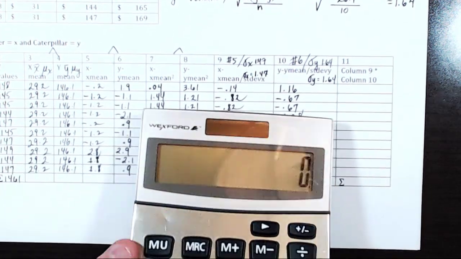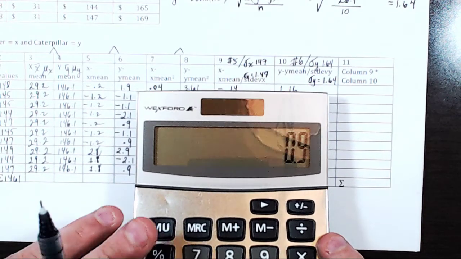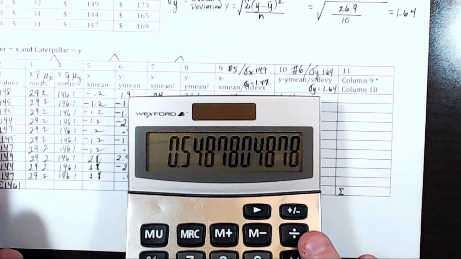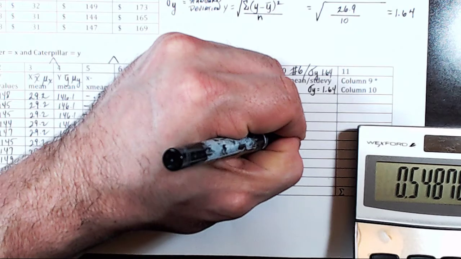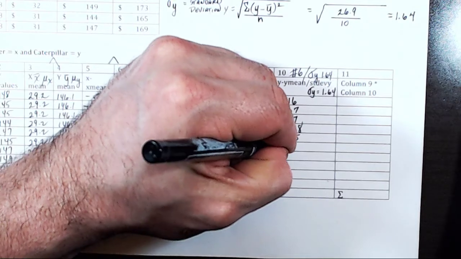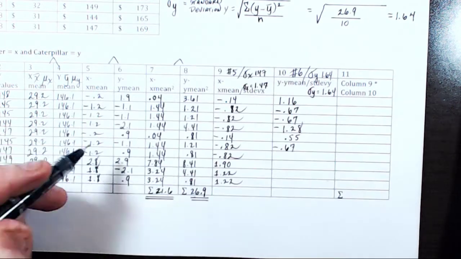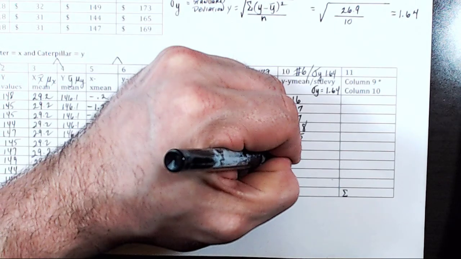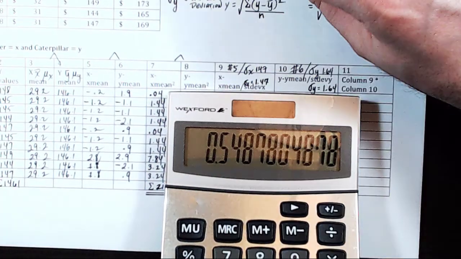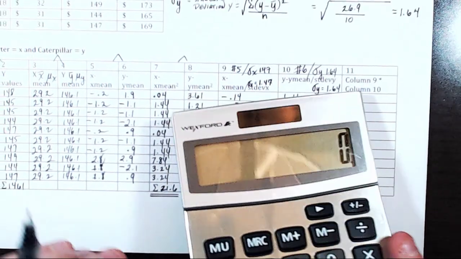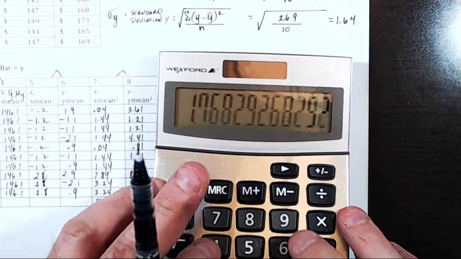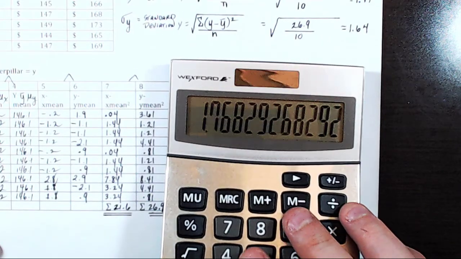I'll take 0.9 divided by 1.64, and I get 0.548 or 0.55. Next value is minus 1.1. I already did that one. Minus 0.67. 0.9 again. That's 0.55. 2.9. Haven't done that one. So 2.9 divided by 1.64 is 1.768 or 1.77.